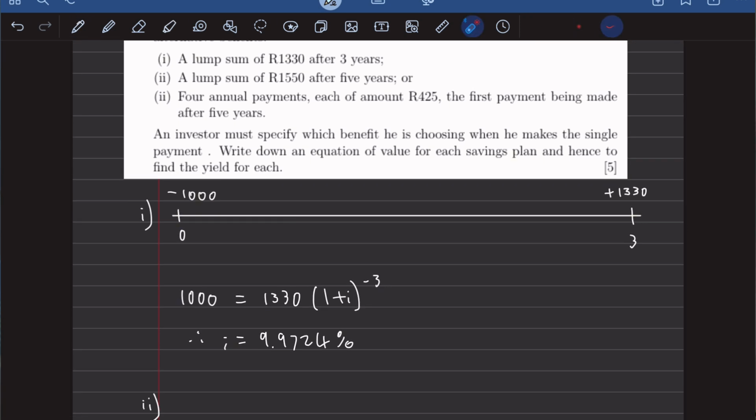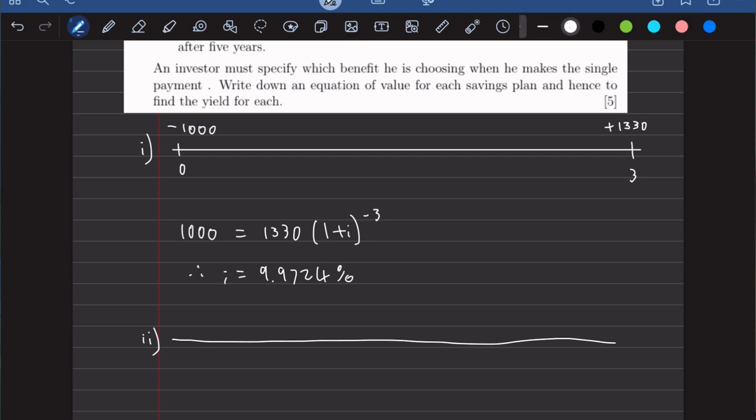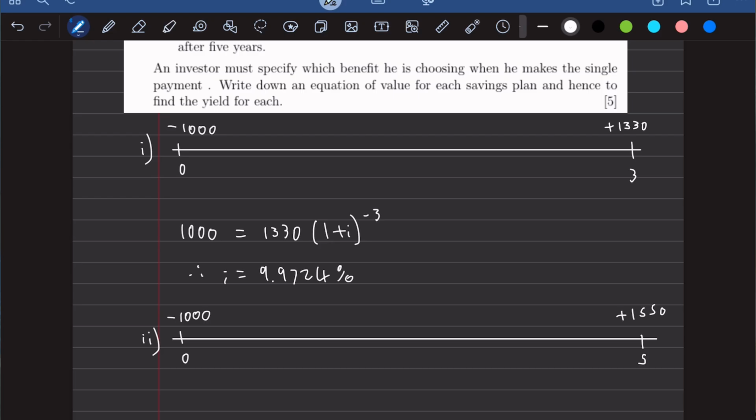So the second one, a lump sum of 1,550 Rand after 5 years. Okay, so it's very similar to this one, but now we're getting more money, but at a later date. So we are at time 0, we're paying 1,000, and then at time 5, we're going to be receiving 1,550. Cool.